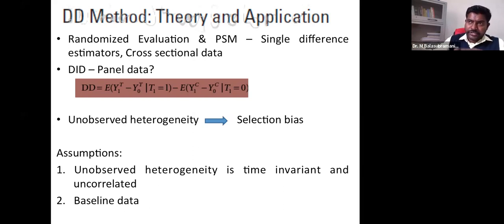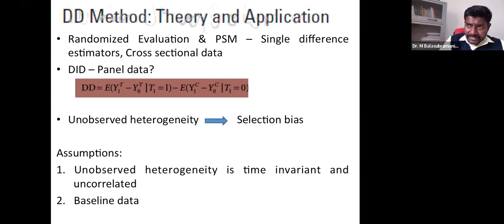When we find the estimator, you may get an idea why I am telling this particular point: this unobserved heterogeneity will be nullified. And the second assumption is the availability of baseline data. This is the foremost point needed to apply the double difference model.